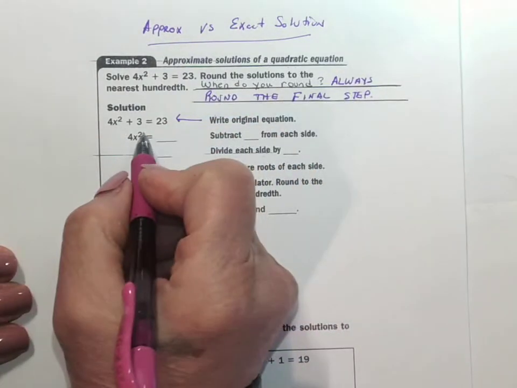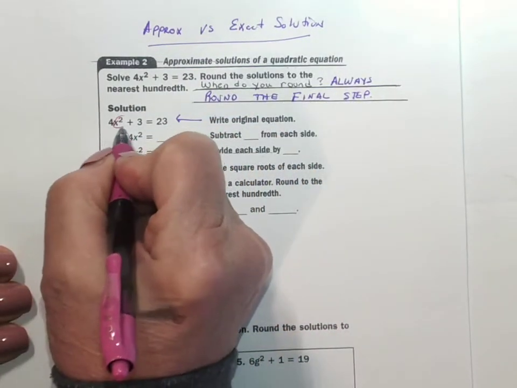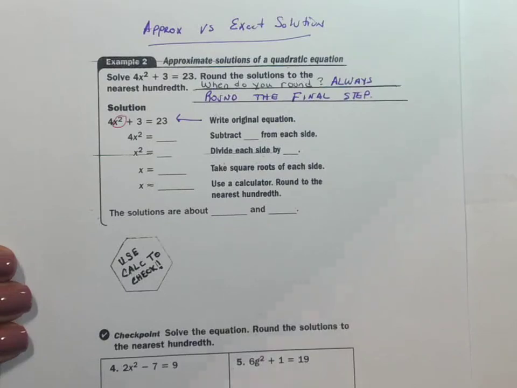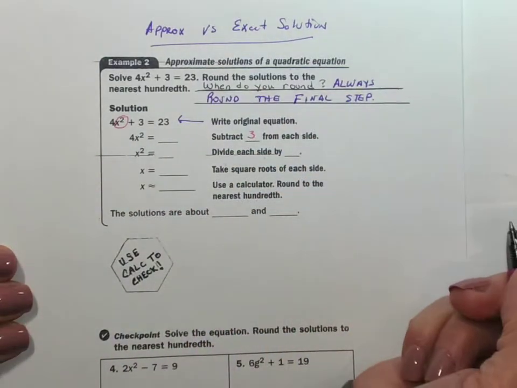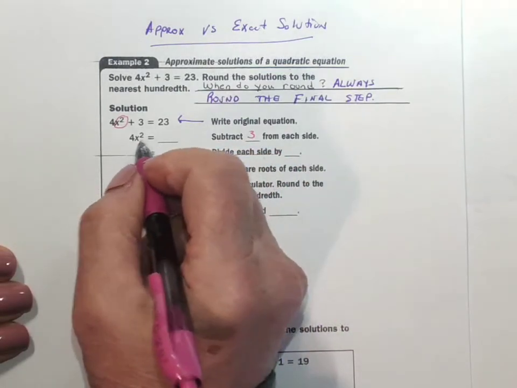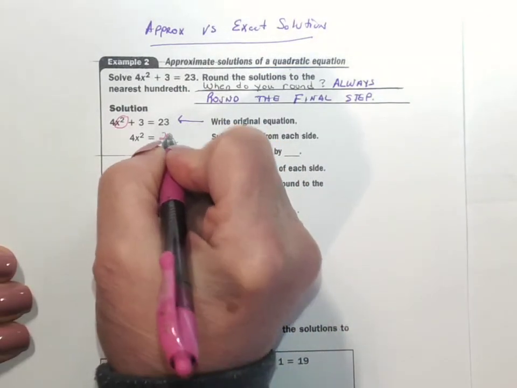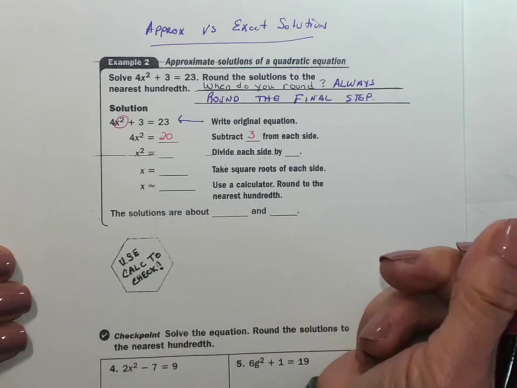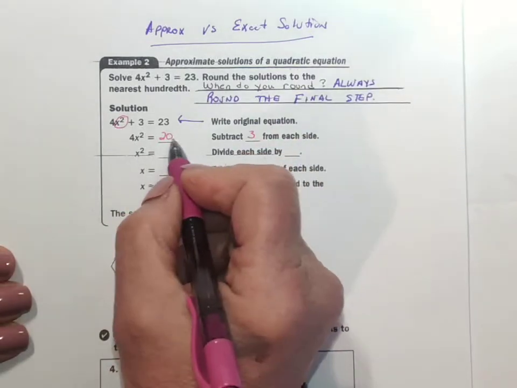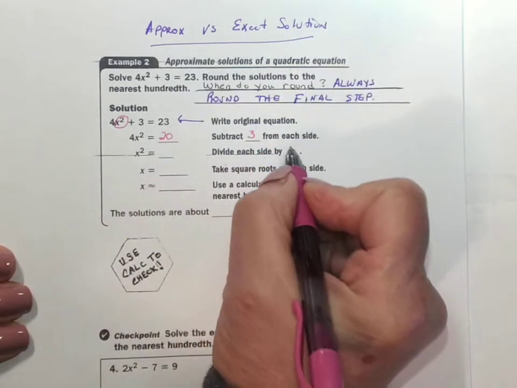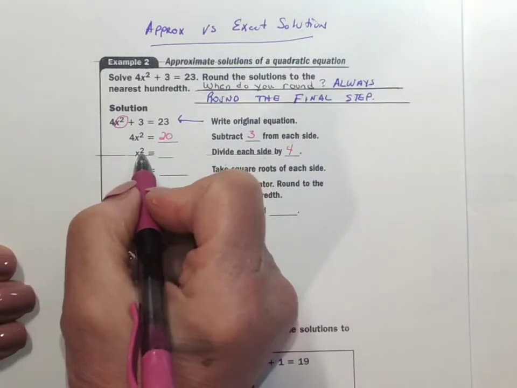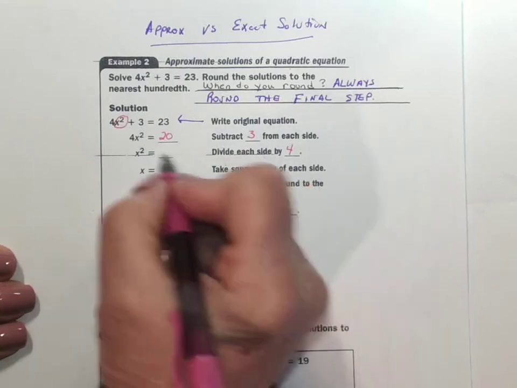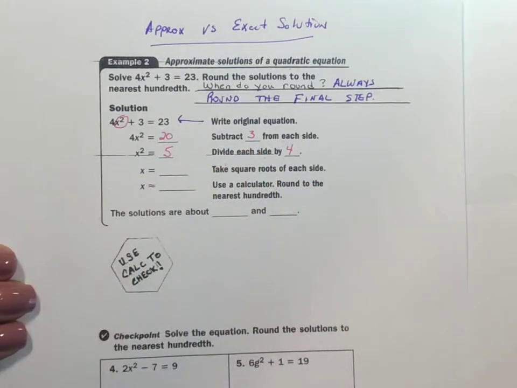So here we need to isolate the x squared term. We subtract 3 from both sides, so we get 4x squared equals 20. Then we divide both sides by 4, and you get x squared equals 5.